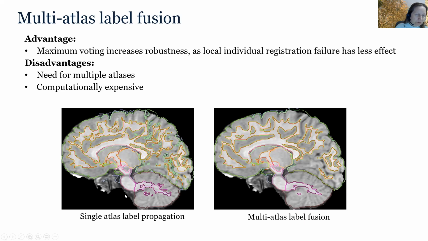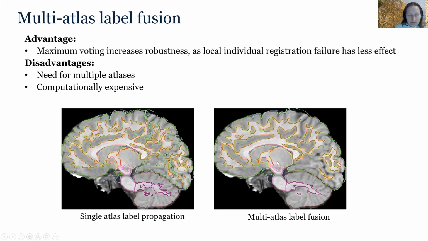Now let's come back to the example of a brain MRI of a 2-year-old child. So here you can see single atlas label propagation and multi-atlas label fusion. And just by looking at it, you can see that the single atlas propagated labels are much noisier than from the multiple atlases.